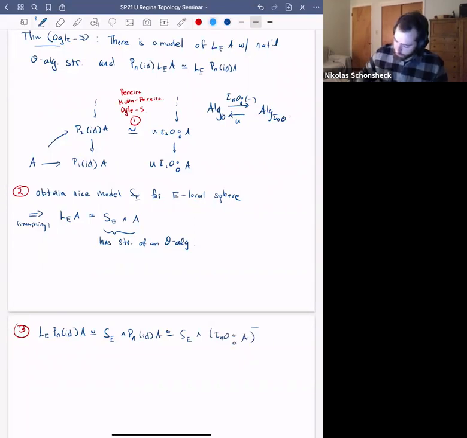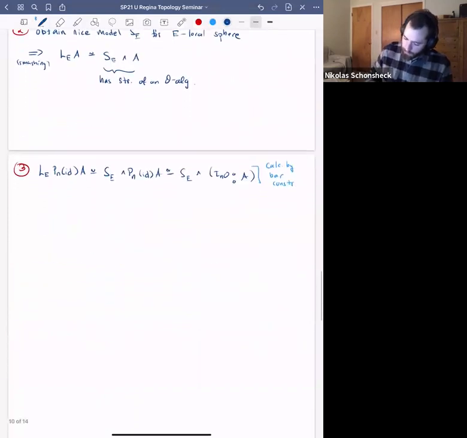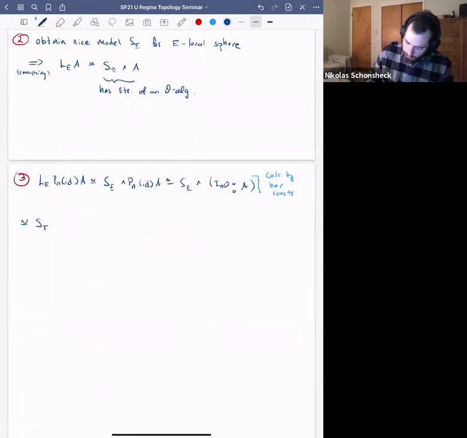And this is calculated by a bar construction. So in other words, it's the realization of a simplicial object. So that's at least morally more likely to play well with smash products. So in particular, we get a weak equivalence to SE smash a certain bar construction. Now, the smash will definitely move inside the realization, and then it takes some work to actually move it inside the bar construction itself.